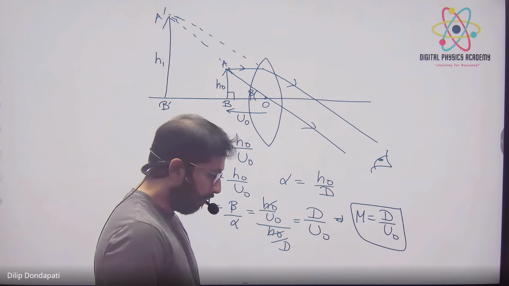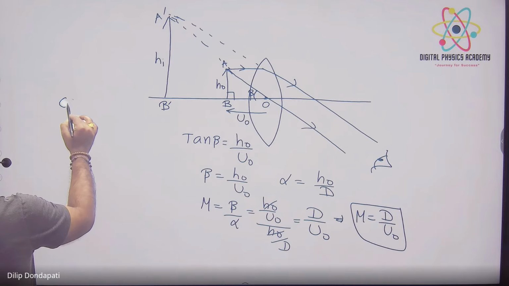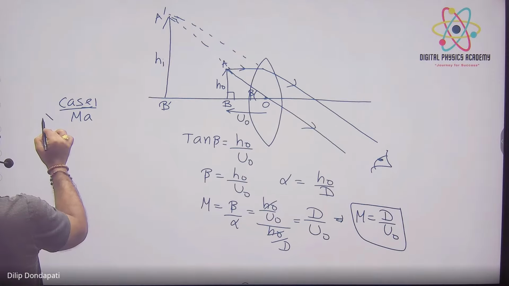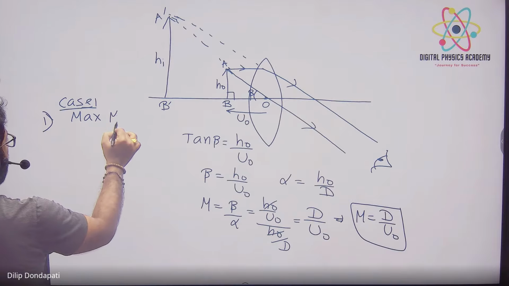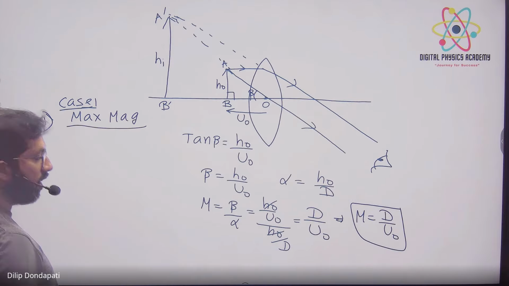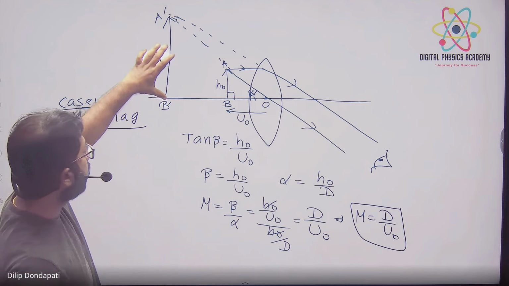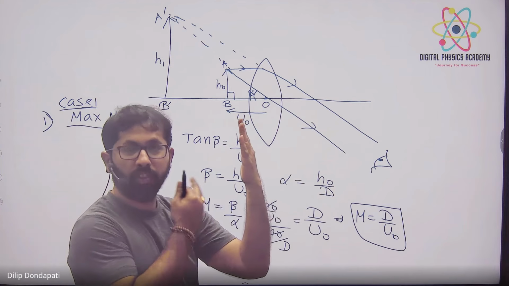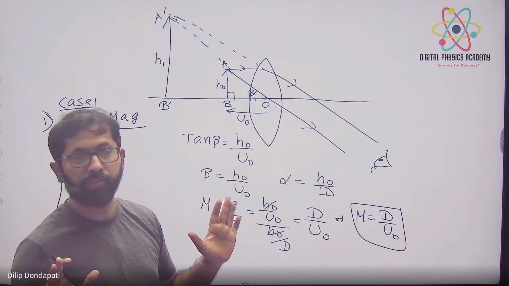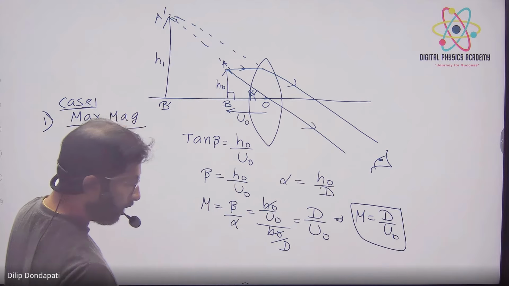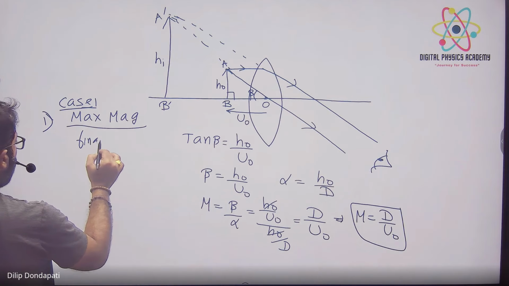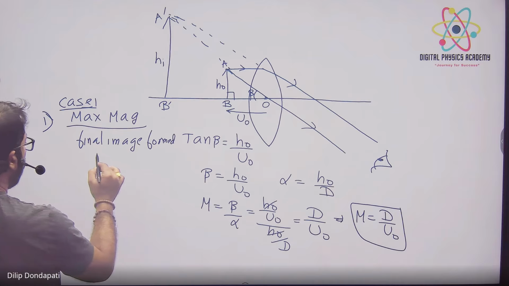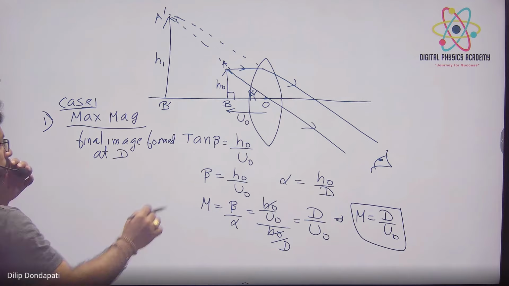Now, case one: maximum magnification. For maximum magnification, the final image should fall on capital D, that is 25 centimetres. Only then will we get the maximum magnification. So the first condition is the final image formed at capital D. Now we'll use the lens formula.